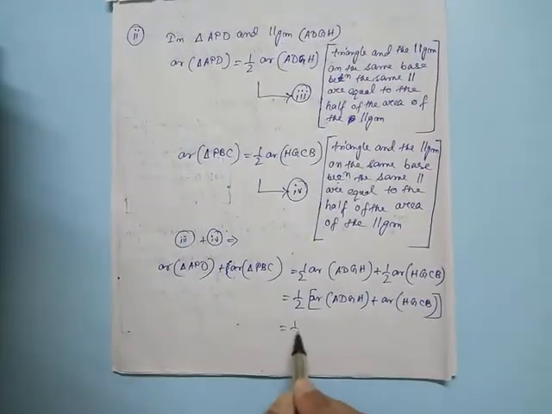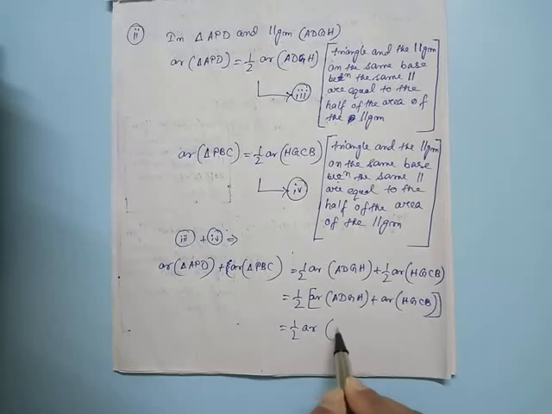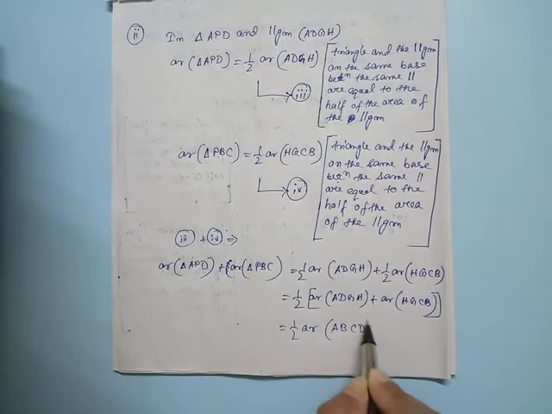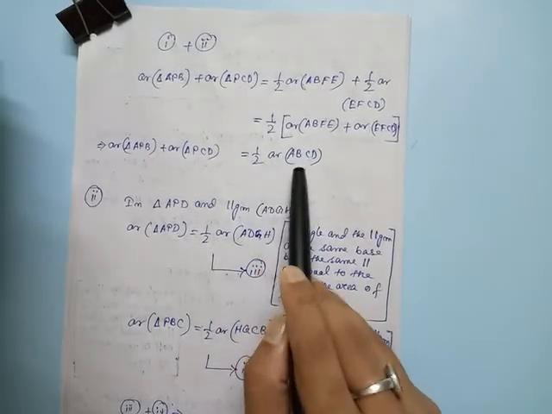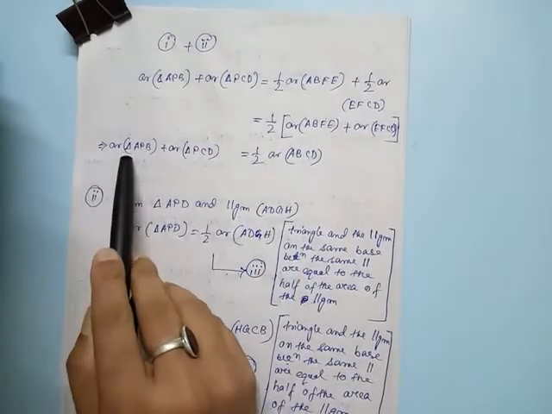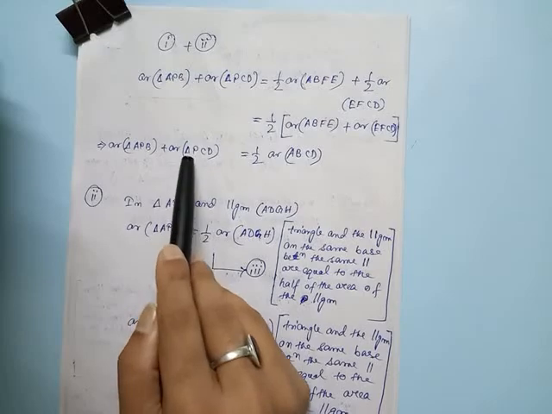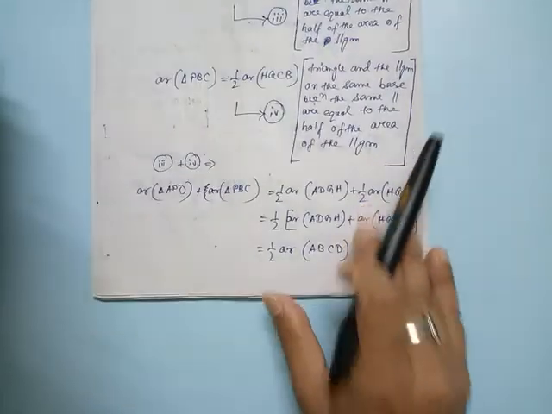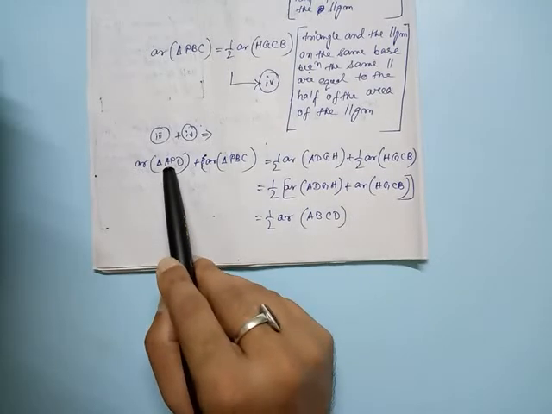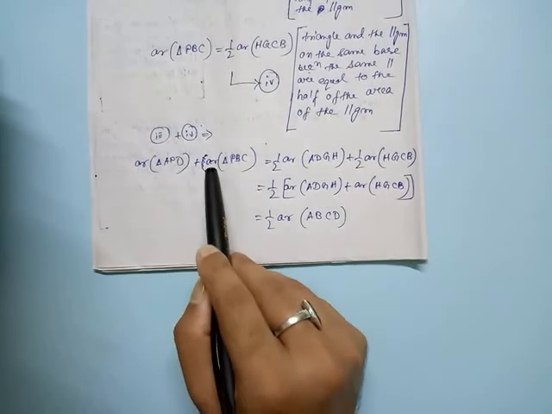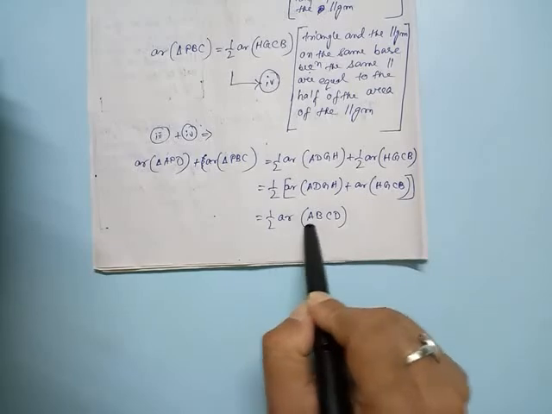So again here half area ABCD. Now student, look, half area ABCD equal to area triangle APB plus area triangle PCD, and here area triangle APD plus area triangle PBC equal to half area ABCD.